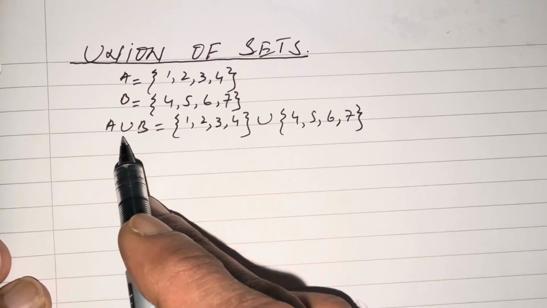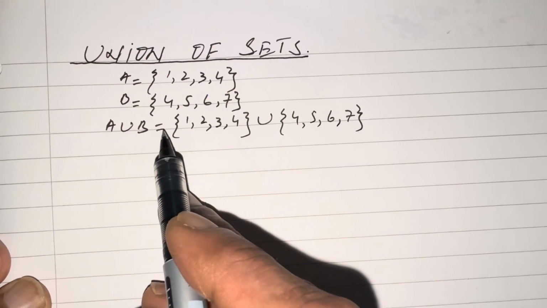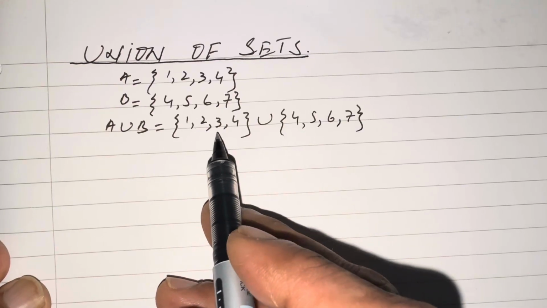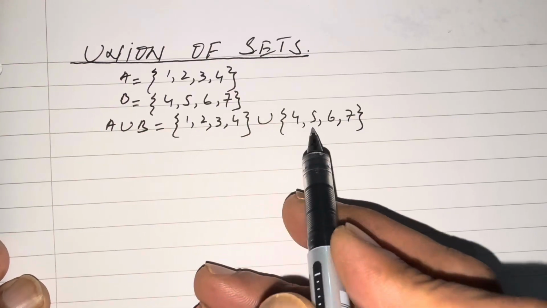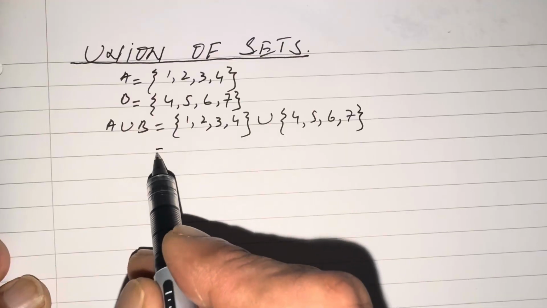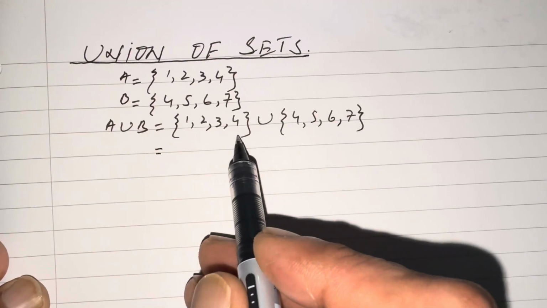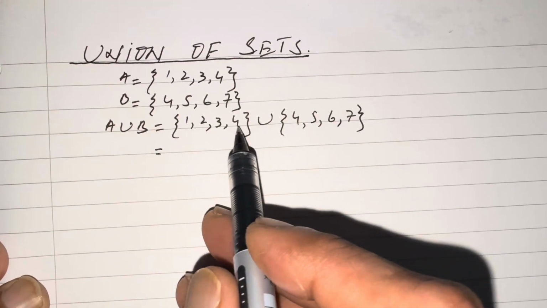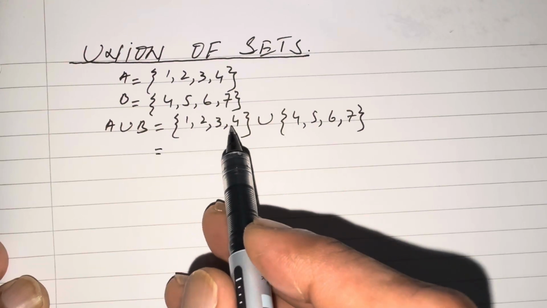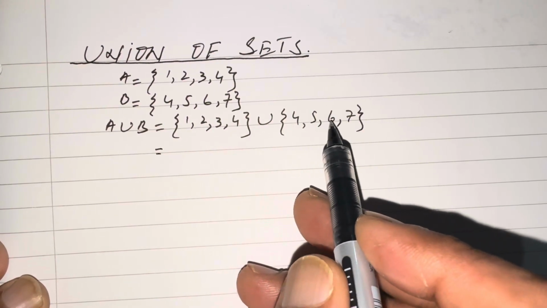That can be read as A union B, and we are going to find the union relation between these two sets. Union means that we have to collect all the elements of the sets A and B, which are given as 1, 2, 3, 4 and 4, 5, 6, 7.